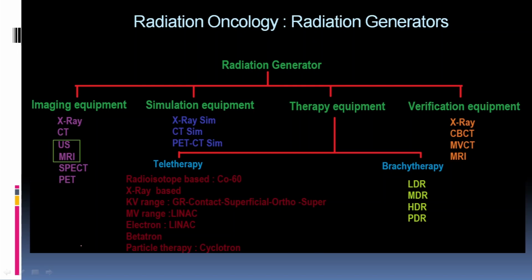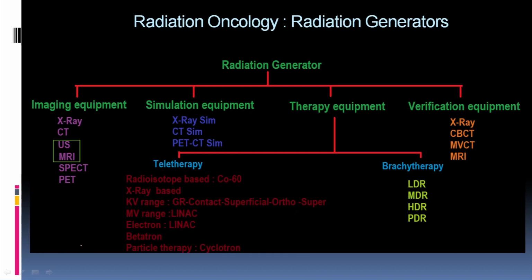Without treating the patient, we can simulate, we can plan the patient, and according to this simulation information we can treat the patient, because every patient is different in their size, their shape, their anatomic body information, and there may be different kinds of cancer sites and sizes, and all this information we collect from the simulation and imaging equipment.